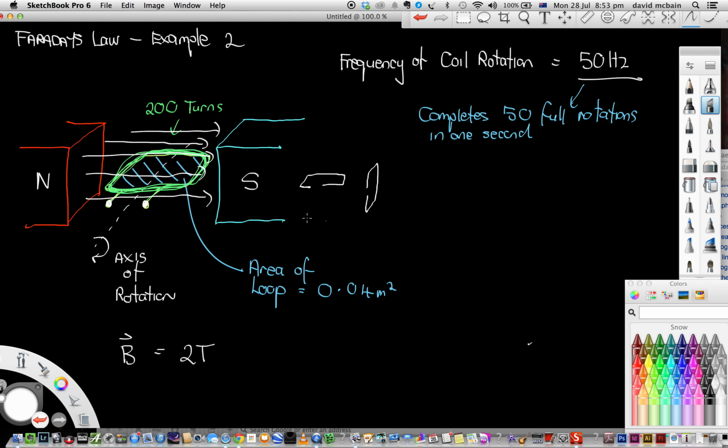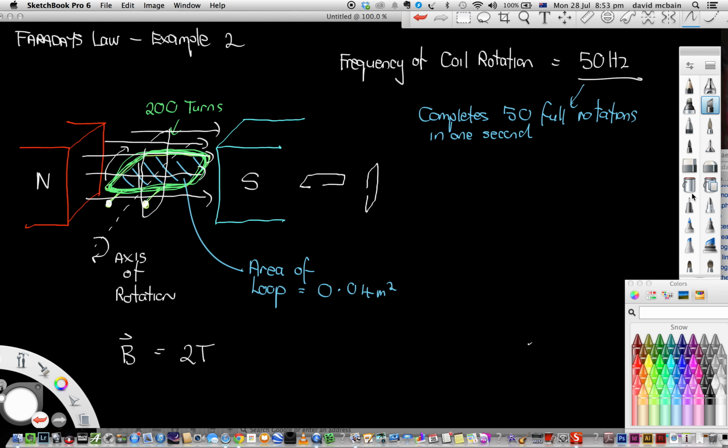Now obviously it's spinning and spinning and spinning, but we're going to take 2 quick instances from when it's there to when it rotates to its vertical orientation. During that short instant of time, what was the average EMF being induced in this coil?